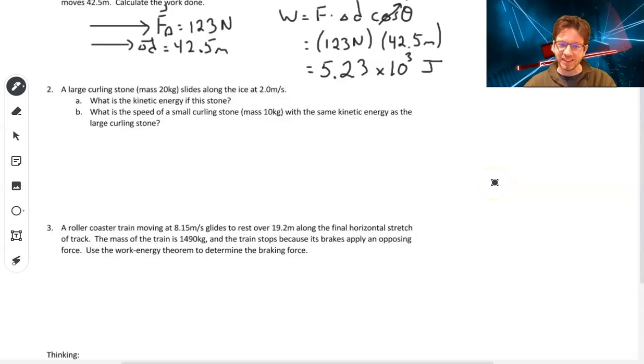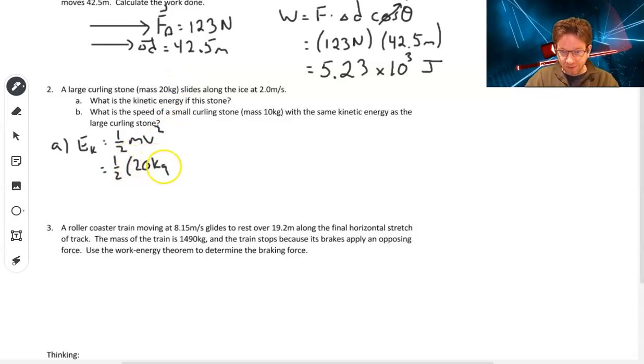So the next question says, a large curling stone, mass 20 kilograms, slides along the ice at 2 meters per second. Part A says, what is the kinetic energy? Well, kinetic energy, if we look at our equation, is 1/2 mass times speed squared. Again, put it in standard international units, so SI units, so mass is in kilograms, speed should be meters per second, which is good.